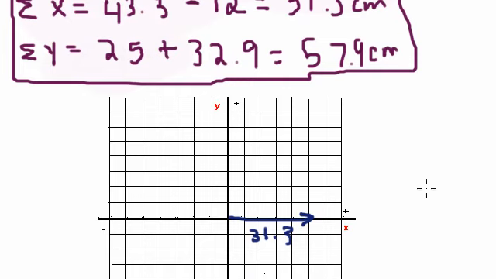Okay, so we have those two measurements. The only thing that we're missing now is the resultant, which is from the starting vector to the ending vector. That's your resultant. And that is what we need to find out now, the resultant.